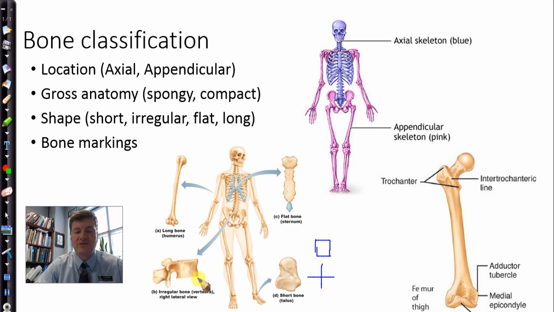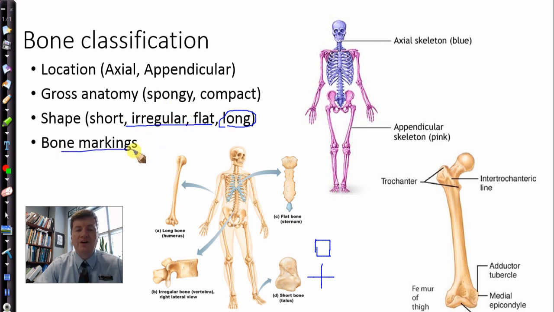And then there are some bones that just really are not long, they're not short, and they're not flat. An example would be the bones of the vertebral column. So vertebral bones are considered to be irregular because they're not long or short or flat. They have different shapes to them. We will talk about that anatomy in class too, why a long bone has a very different anatomy in terms of its inside structure than a short, flat, or irregular bone.